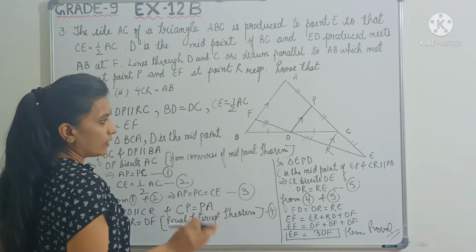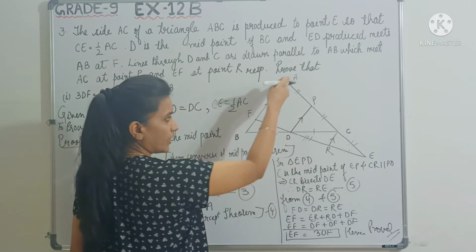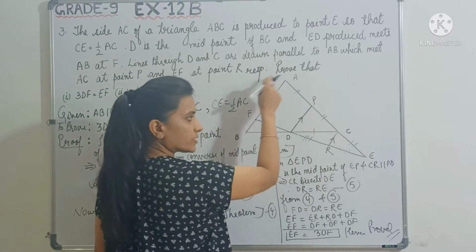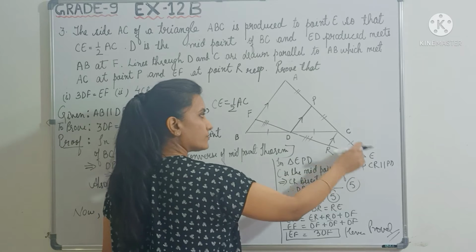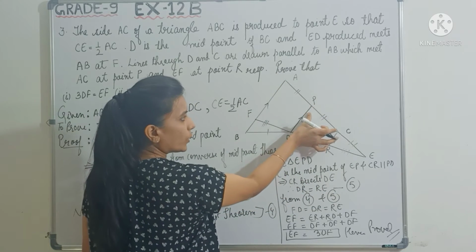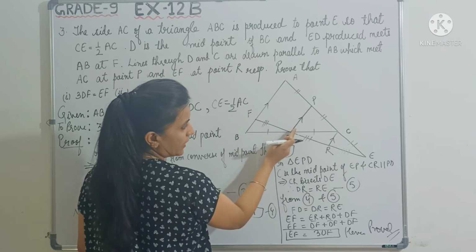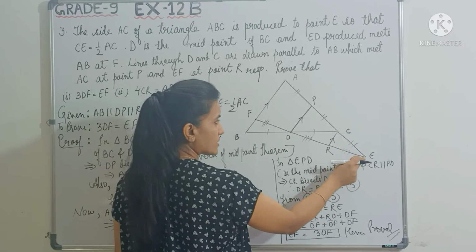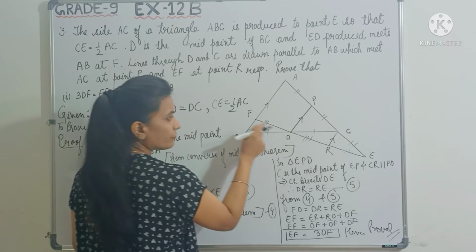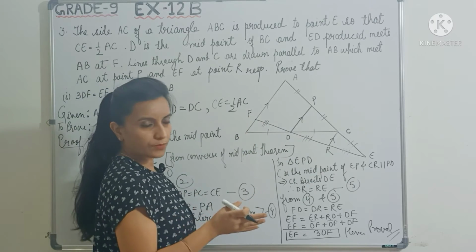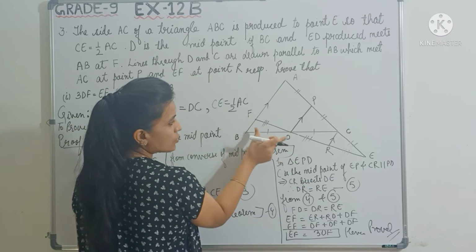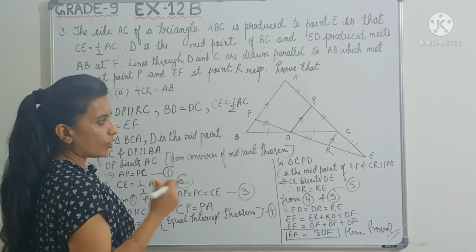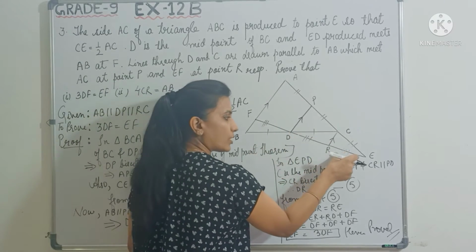Now we have three parallel lines, right? And CA is a transversal here. So this transversal is making equal intercepts on these three parallel lines, right? It means the other transversal, which is EF, will also make equal intercepts on these three parallel lines. So DF will be equal to DR, right? Now we have to show that DR is equal to RE, right?